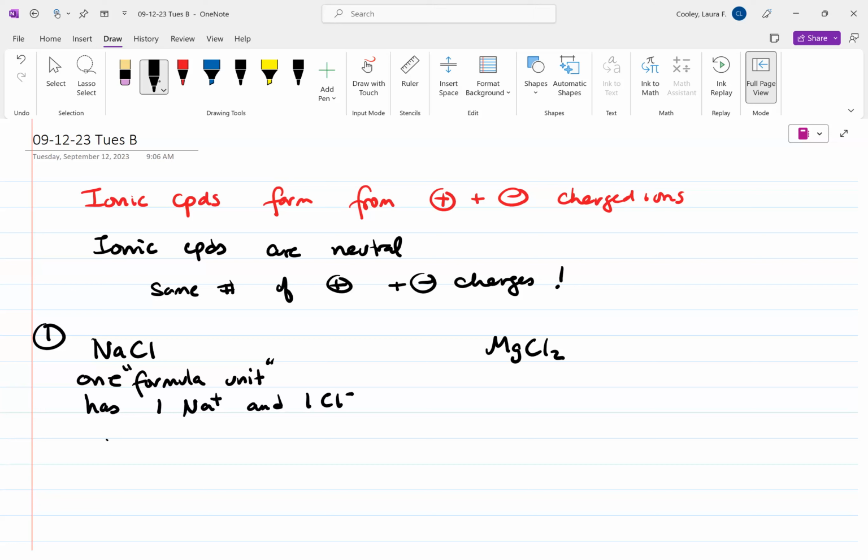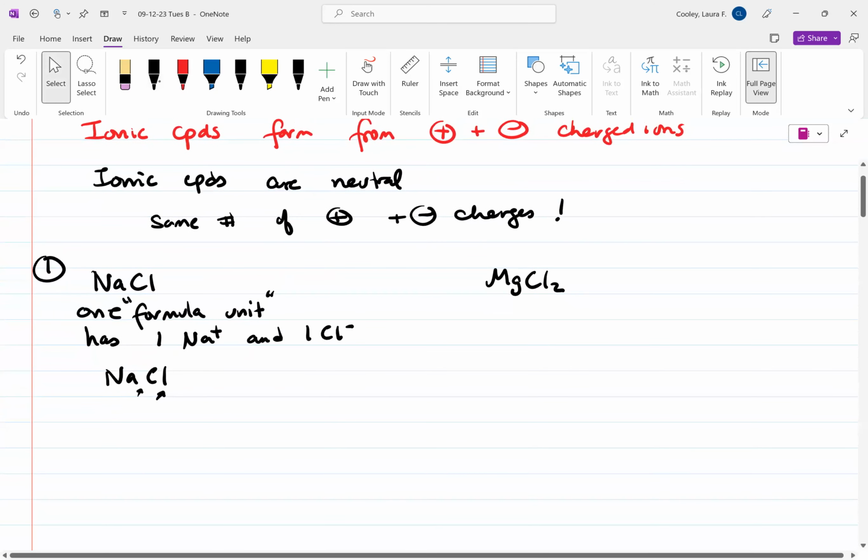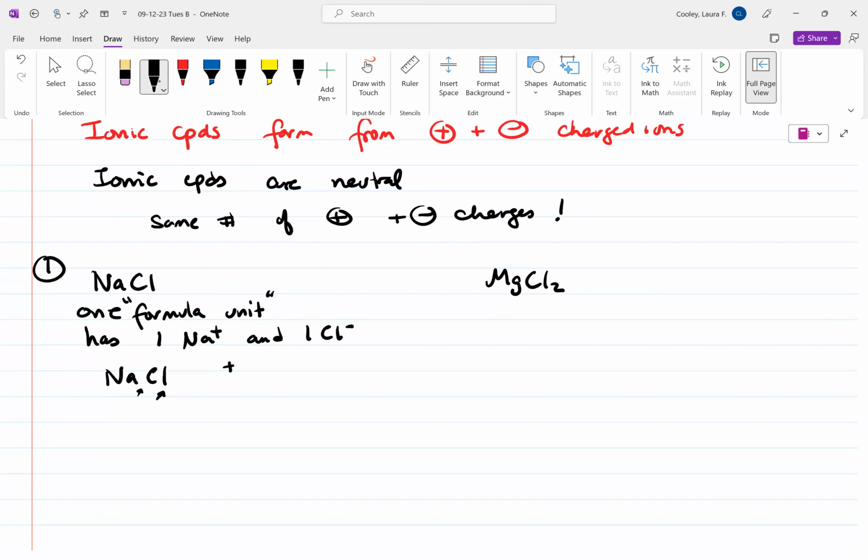How do I know that? It's because there are no subscripts. So when there's no subscripts, it's assumed to be one of each. You have a +1 and a -1. +1 from the sodium, -1 from the chloride, they sum to 0. And that's what you get with an ionic compound.